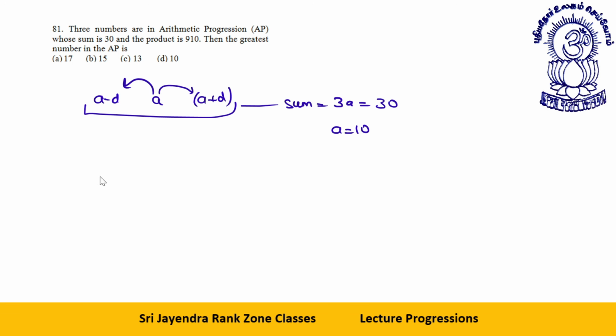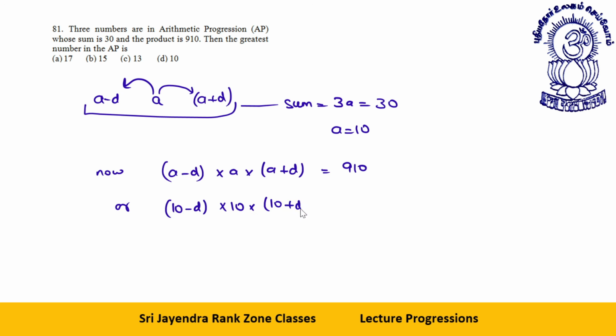Now (a minus d) into a into (a plus d) is given to you as 910, or (10 minus d) into 10 into (10 plus d) is equal to 910. 0 and 0 cancel. 10 square minus d square is equal to 91. So d square will be equal to what? 9, d is equal to 3.